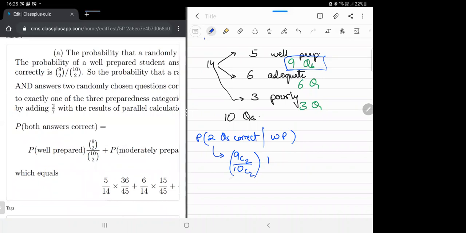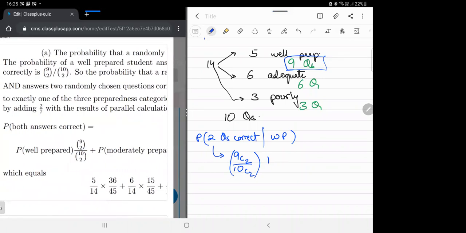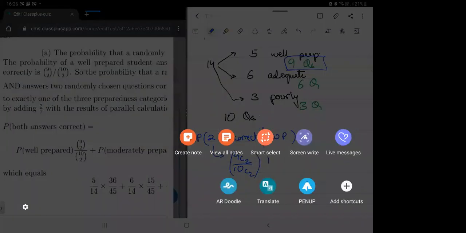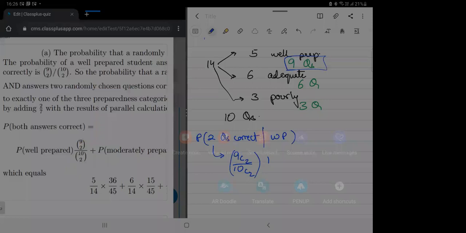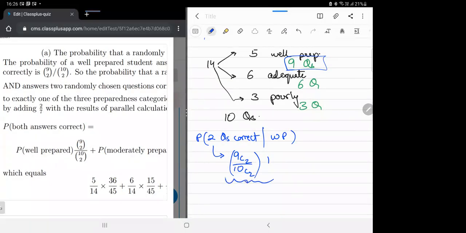So this is basically the probability that this guy can answer the questions correctly. So this is the probability of both questions correct given that this guy is well prepared.